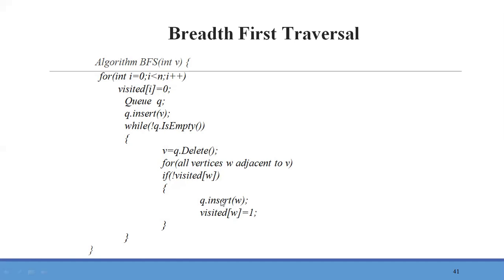As soon as we add that into the queue, its respective entry in the visited array will be marked with 1. And this process we will continue for all the vertices which are adjacent to v. And the whole thing we will continue till our queue is empty.